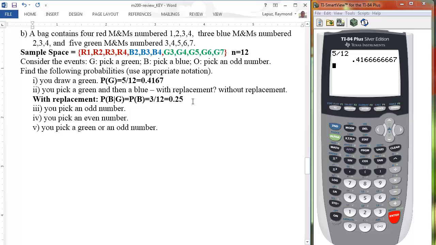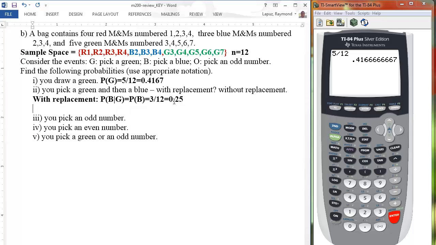Now if we're considering the probability that we pick a green and then a blue, that's going to require 2 steps. Green and then blue. So that's the probability that we pick a green, times the probability that we pick a blue, provided that we've selected a green first. But like I said, with replacement, it's the same thing as the probability of just picking a blue.